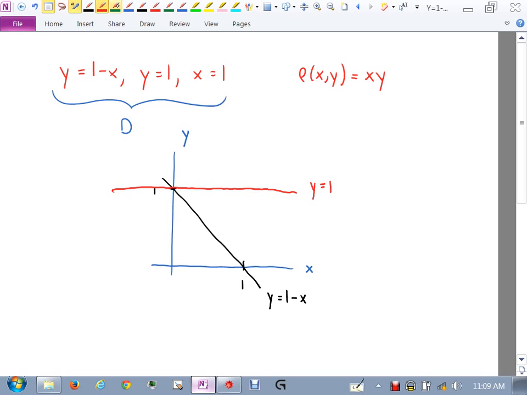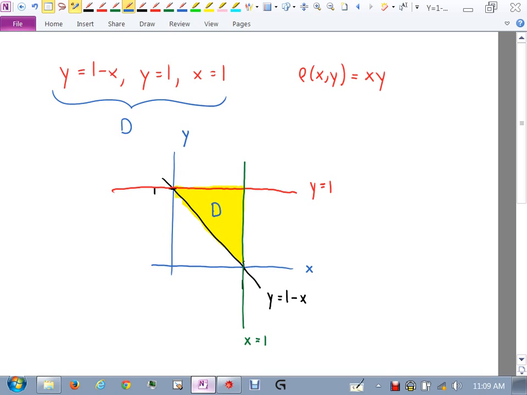And x equals 1 is a vertical line like this. And so it says here, a lamina is formed by the region bounded by these curves. So our region is this one in here. Everybody agree with that? That's our D.